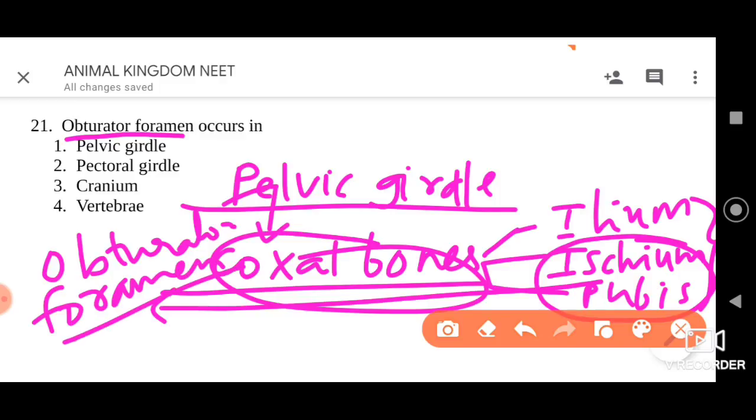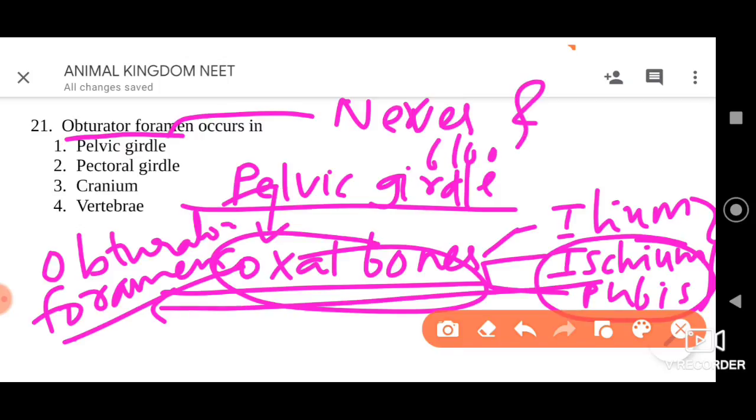The obturator foramen helps in the passage of the nerves as well as the blood vessels. It helps in the passage of nerves and blood vessels. So my dear students, without any hesitation, please go for option number 1, that will be your right answer.